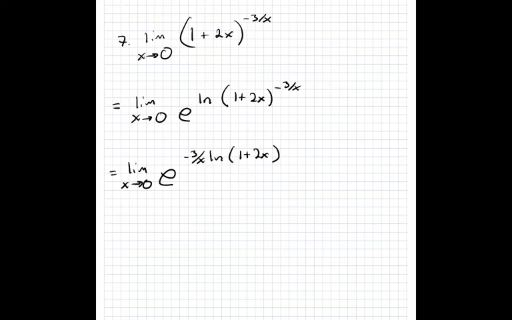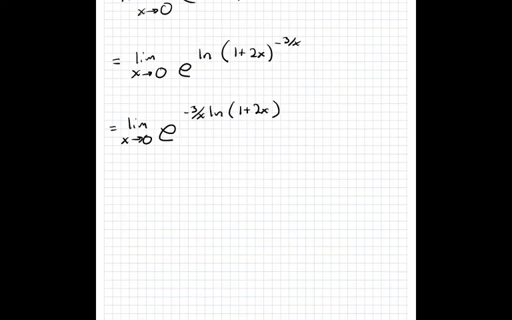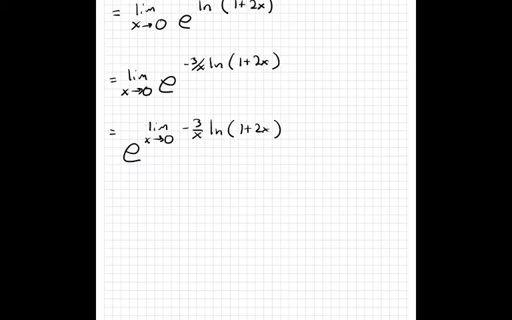So I did a little bit of research and I found that the limit of an exponential, we can actually do the following. This is going to be the same as e to the power of the limit as x tends to 0 of this thing, negative 3 over x times the natural log of 1 plus 2x, right? Okay. So now let's just focus on the exponent for right now, and we'll come back to this expression.